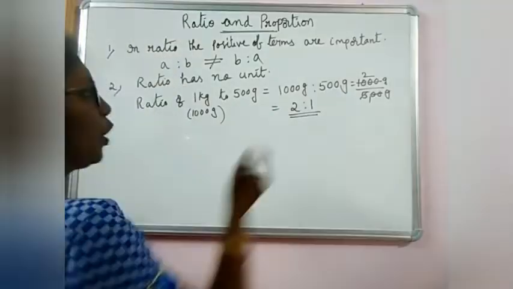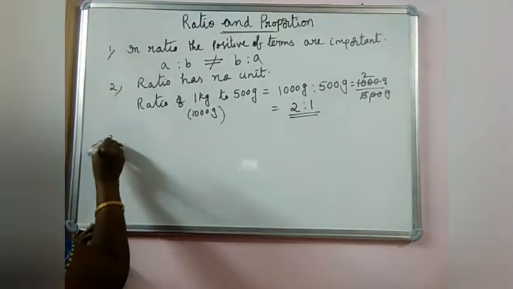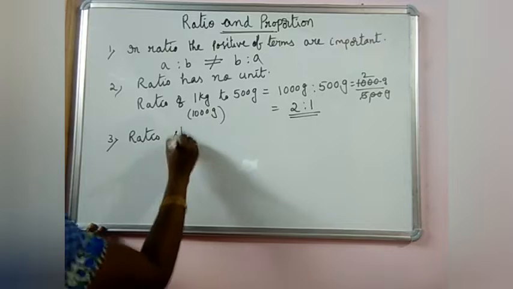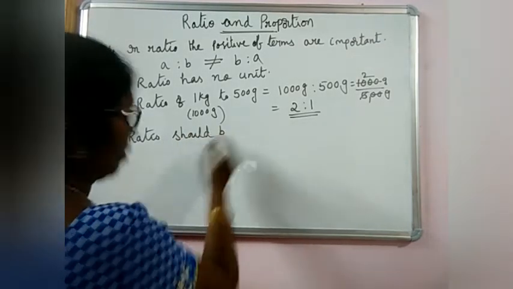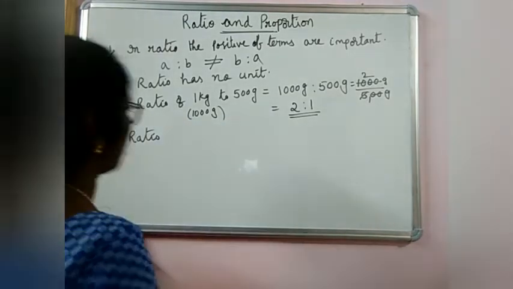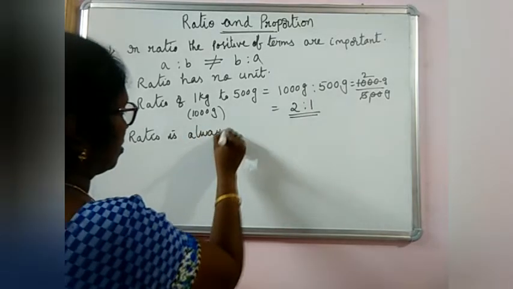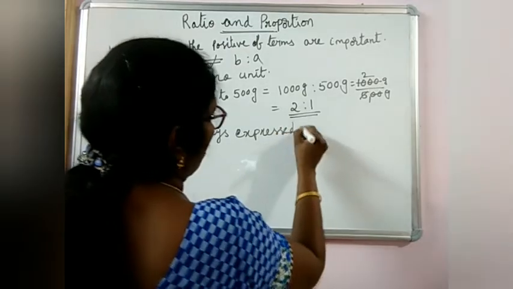That's why ratio has no unit. And also you cannot keep this as 1000:500. Ratio is always expressed in lowest terms.